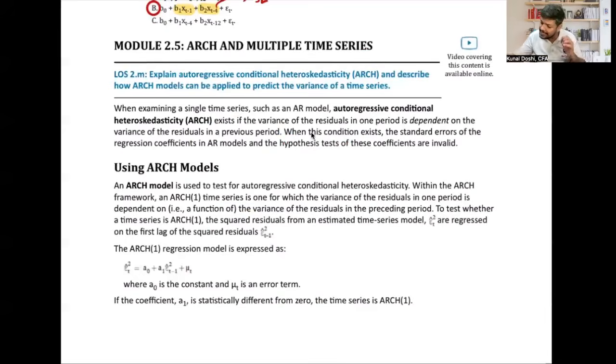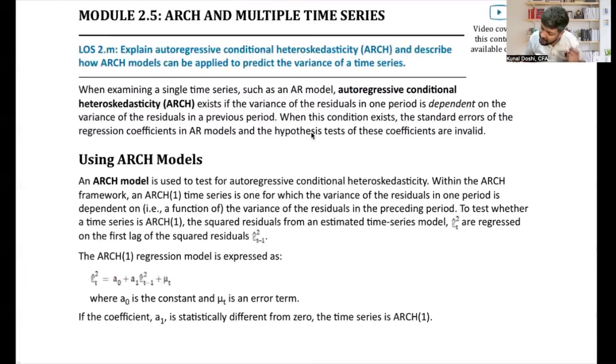So now we are examining a time series model, that is the AR model, with heteroskedasticity. And when I say which heteroskedasticity is the problem, it is conditional heteroskedasticity. So ARCH stands for autoregressive model with CH, conditional heteroskedasticity.